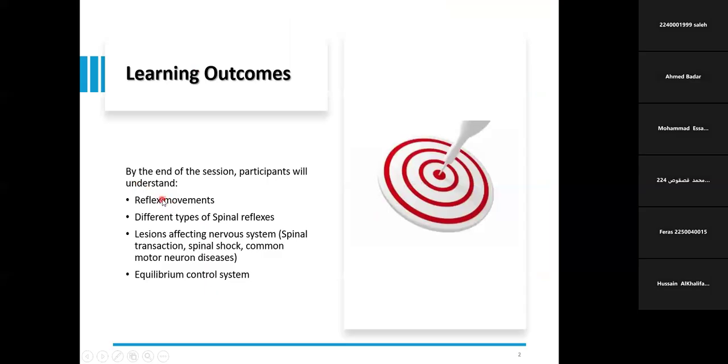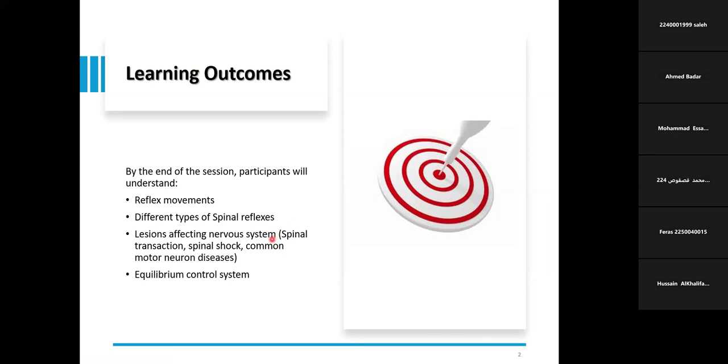All right, so if you remember, we discussed two types of movements, one which is called reflex movements and the other which is called goal-oriented movements. So we will have a very small discussion about that. But then we will have detail of the different types of spinal reflexes. Then we will discuss the diseases or the famous lesions which affect the nervous system and which you will be receiving as a physical therapist.